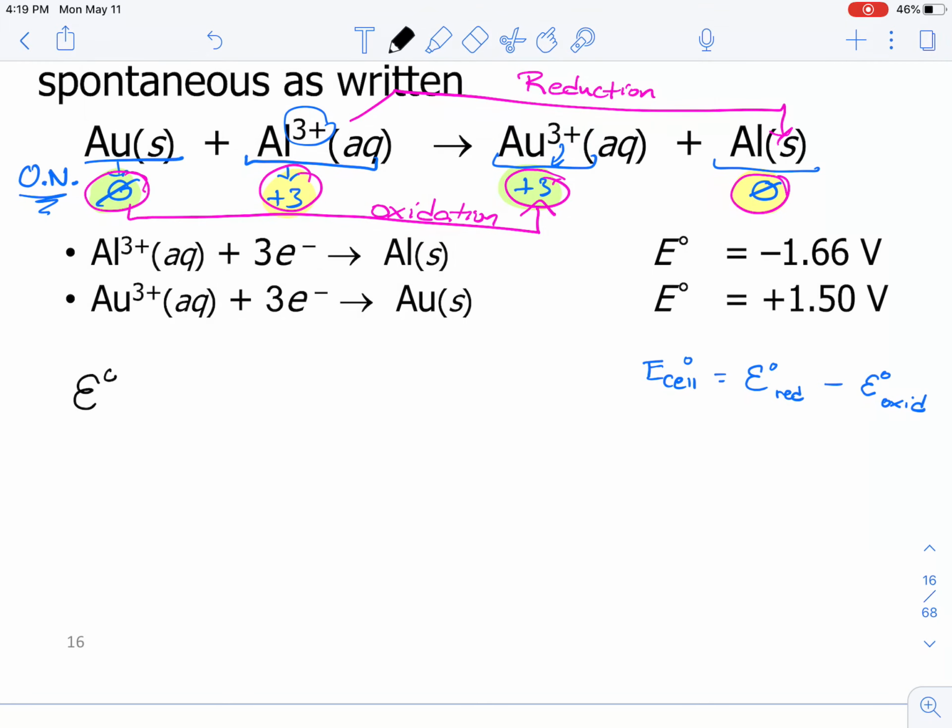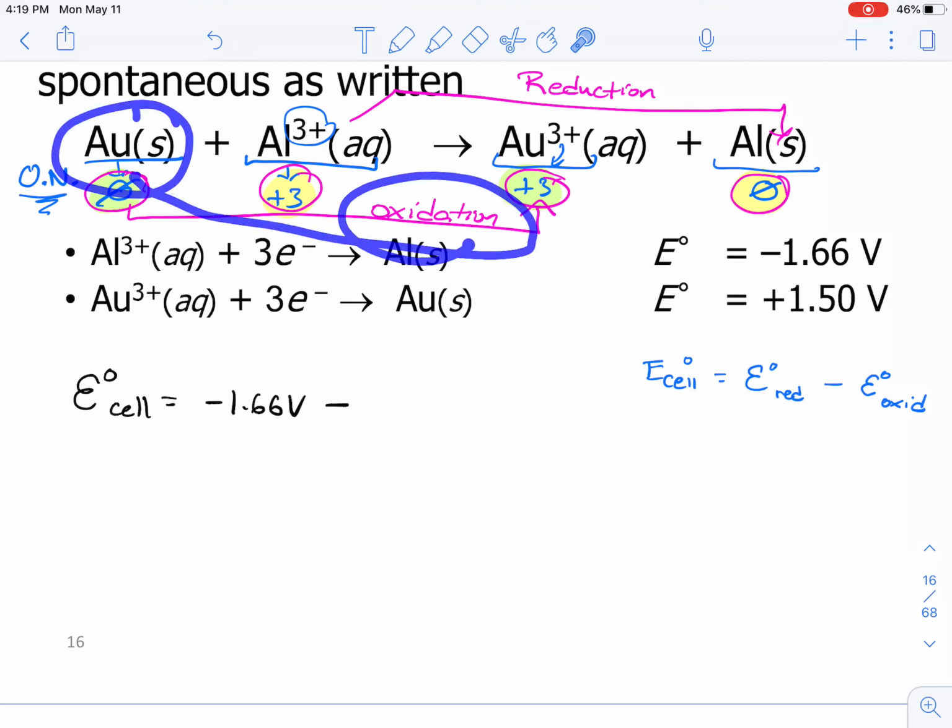So the calculated cell potential is equal to negative 1.66 volts. And since gold is undergoing oxidation, that 1.50 is going to go at the very back.